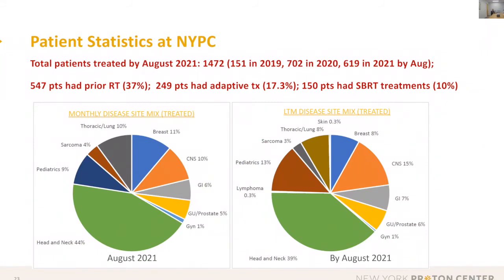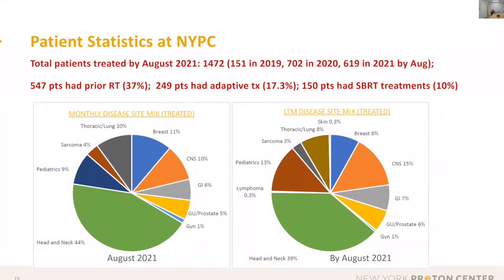And among all those patients, around 37% are priority patients. It's relatively higher than at other proton centers, mainly because we have this consortium mechanism, where there are often challenging cases that the photon side will refer to the proton side, and we'll take care of that.